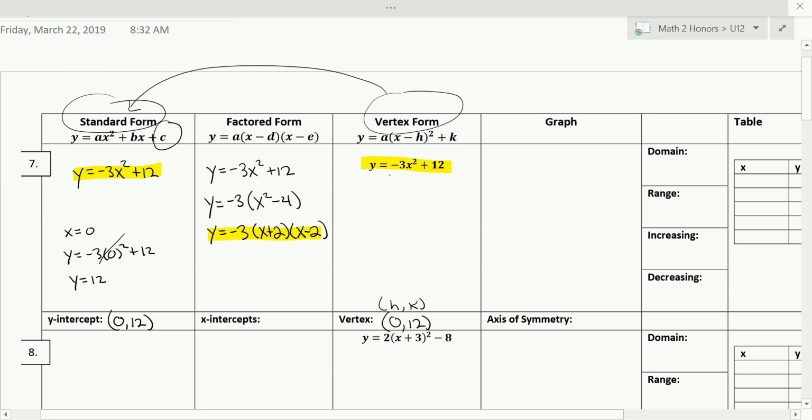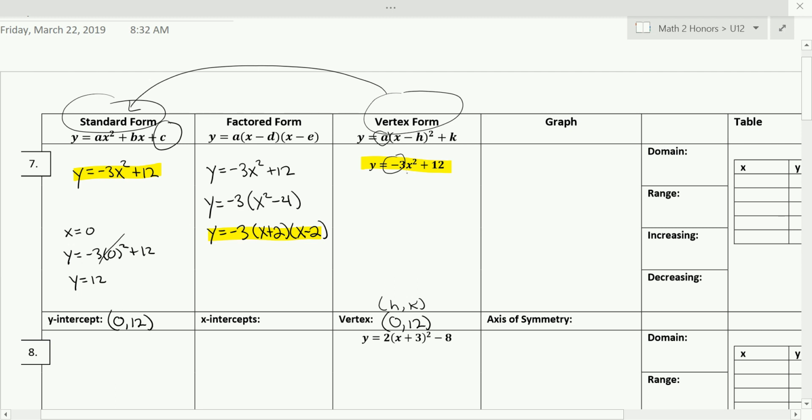Where people can get mixed up here is there's two numbers, there's a negative 3 and a 12. You've got to realize that a is my negative 3, because that's in front of the x squared. And then the 12, how do we know if that's the h or the k? Right? And notice h is also squared with the x.